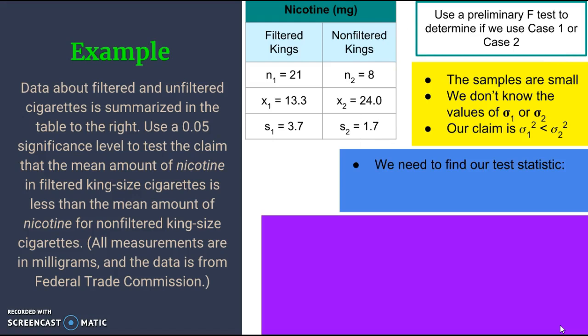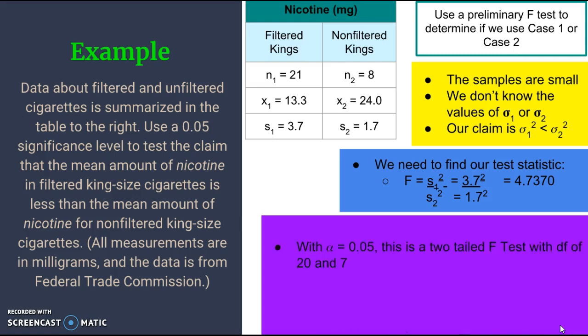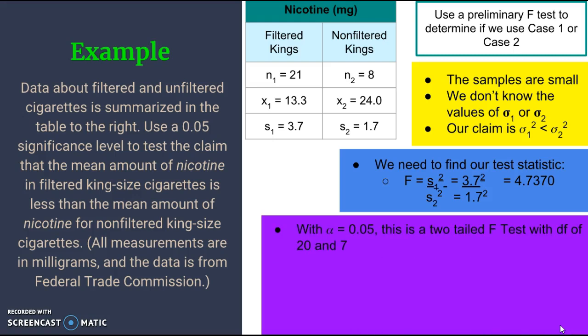So based on that, we need to find our test statistic for your F-test, and that's going to be taking 3.7 squared and dividing it by 1.7 squared. So if you square each of those and divide them, you should get a test stat of 4.7370.